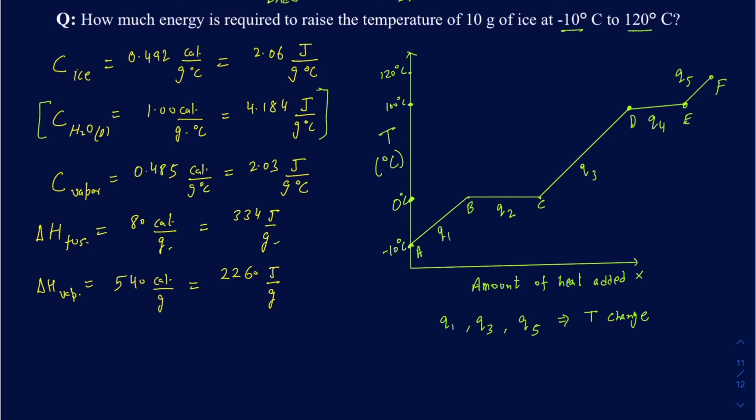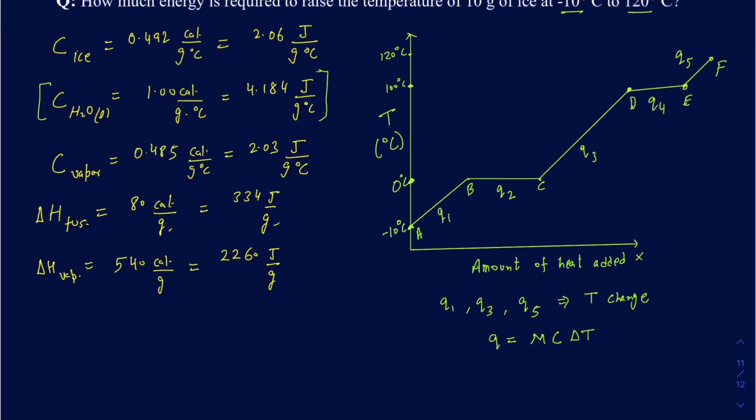Whenever the temperature changes and your phase does not change, you will be using the Q equals m c delta T formula to find what those Qs are for those particular fragments. Now, whenever there is a phase change, like Q2 and Q4, the temperature does not change, so you really can't use the Q equals m c delta T formula.